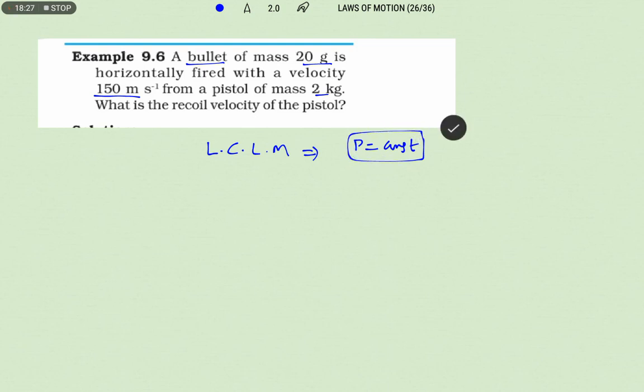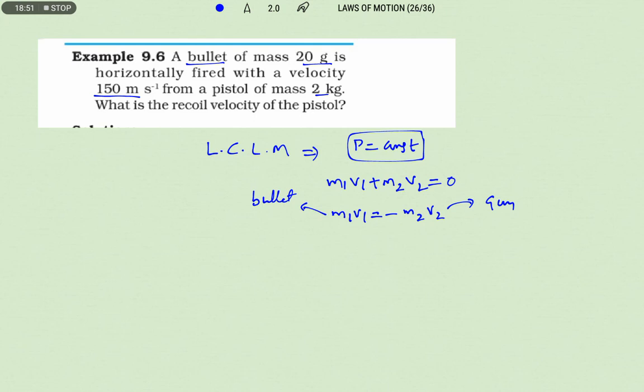We know the direct formula: m1 v1 plus m2 v2 is equal to 0. Therefore we can write m1 v1 equals minus m2 v2. So I am considering 2 for the gun and 1 for the bullet.